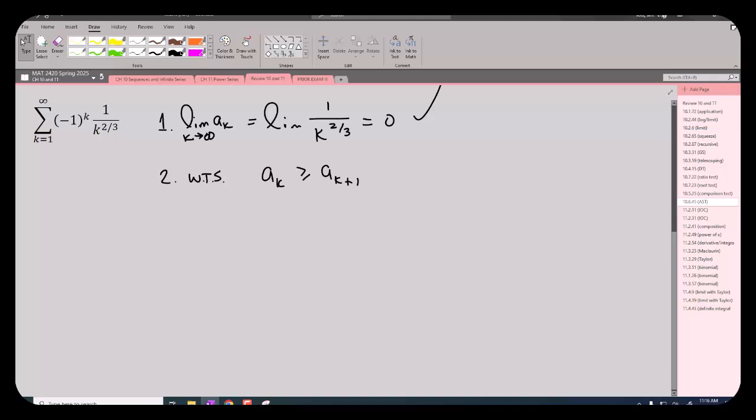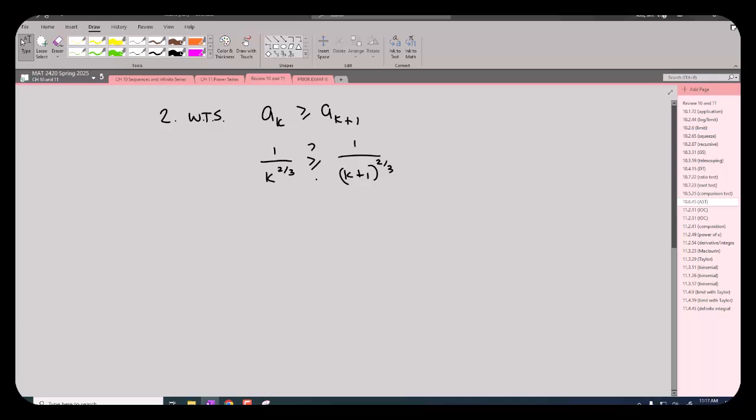But again, to create that would be very difficult, so you don't really need the equal to piece here. But regardless, we'll just leave it this time. Does not matter which way you go. So 1 over k to the 2/3 is that greater than or equal to 1 over k plus 1 to the 2/3? We're pretty sure it is. We do our cross multiplication.